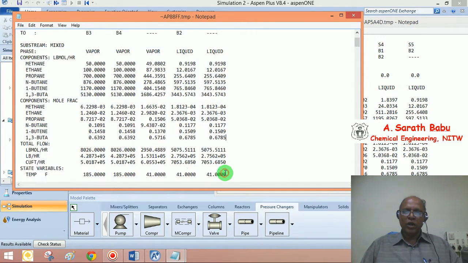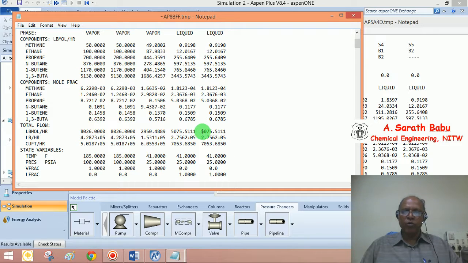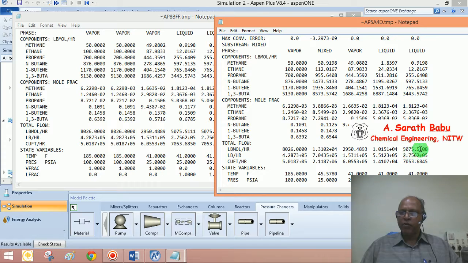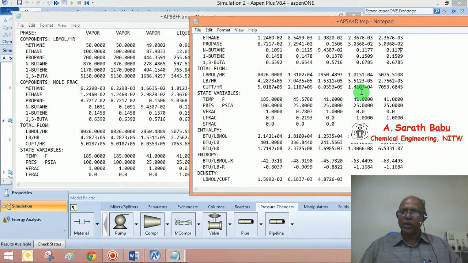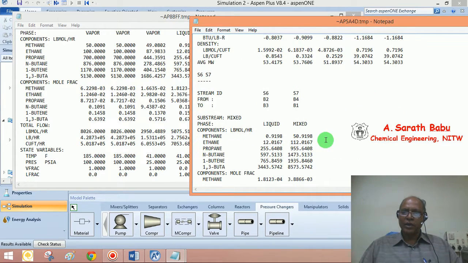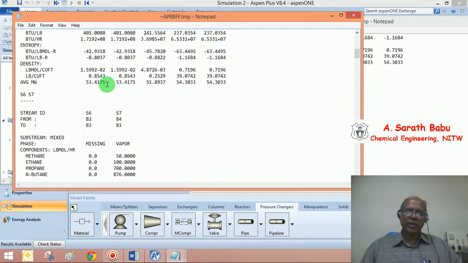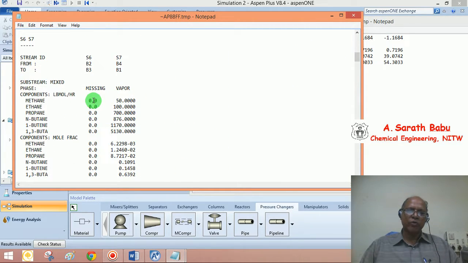And what about the total amount? Lb moles per hour is 5075. What about here? 5075. Now, when you are having some kind of a recycle, 50% of that stream S6 contains some input. Whereas in this particular case, there is no S6. S6 is 0 because we are not recycling any liquid product.